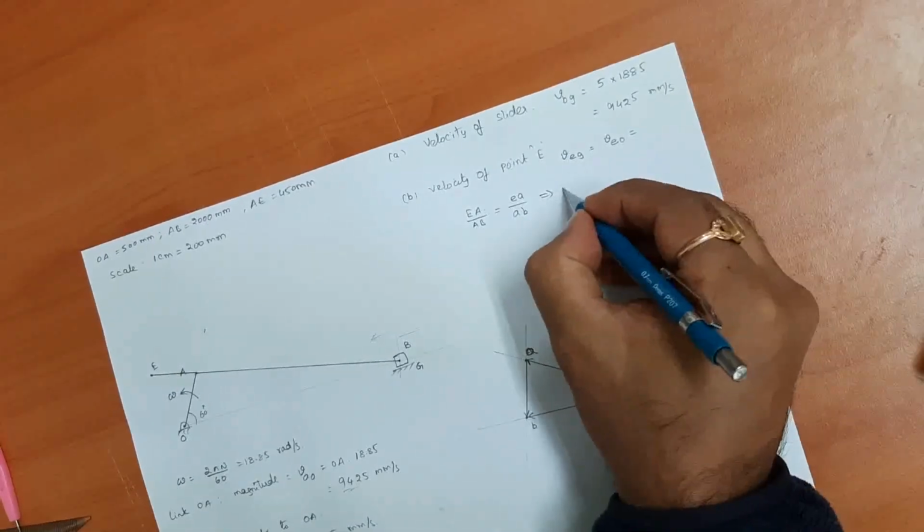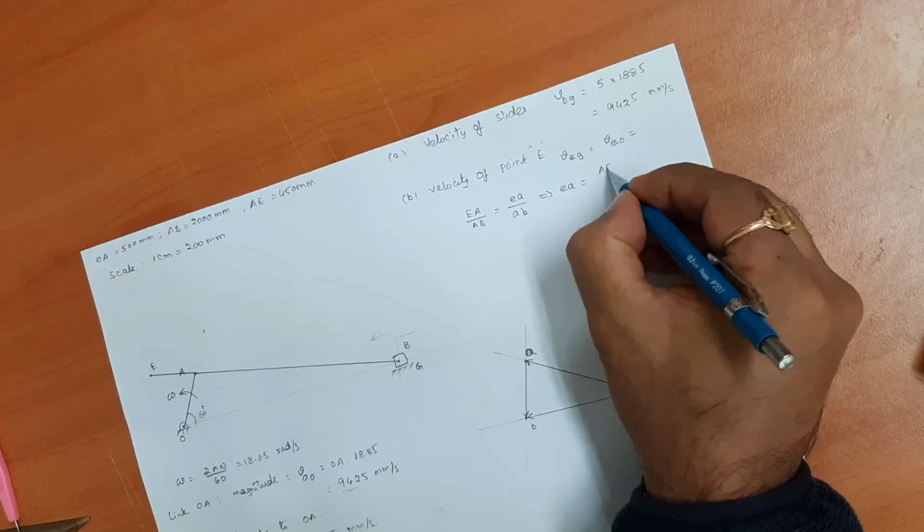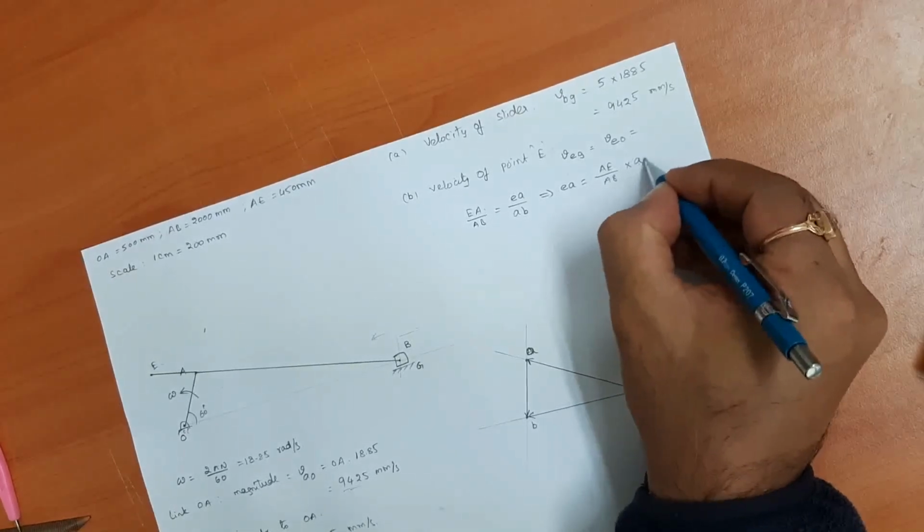From this, EA is equal to AE by AB into AB.